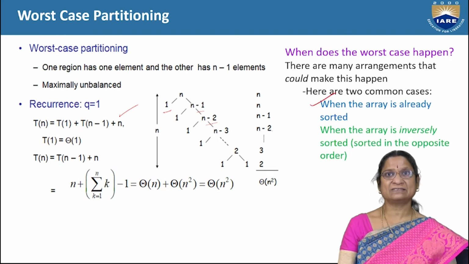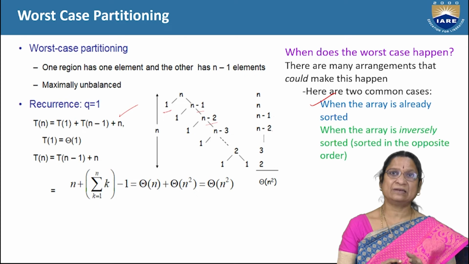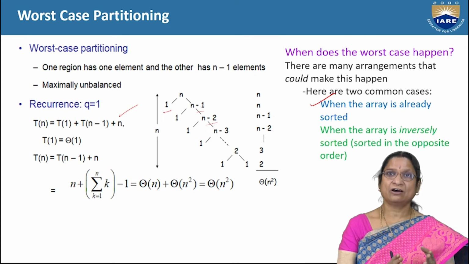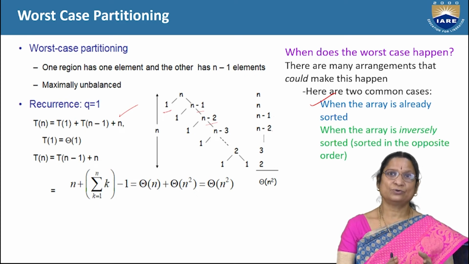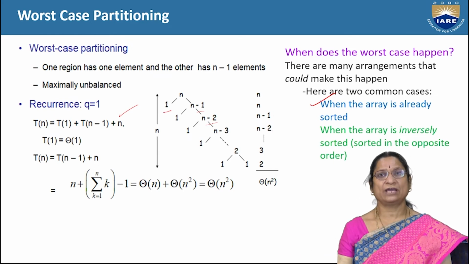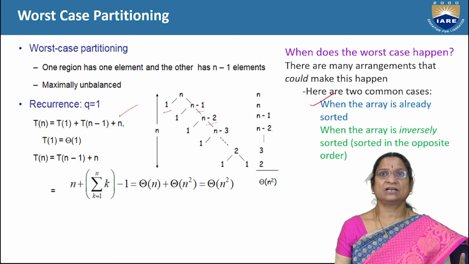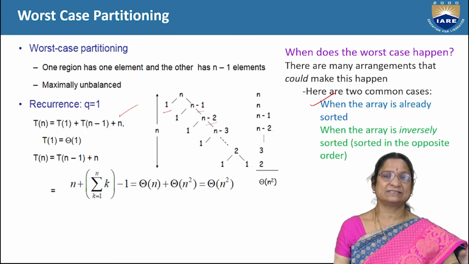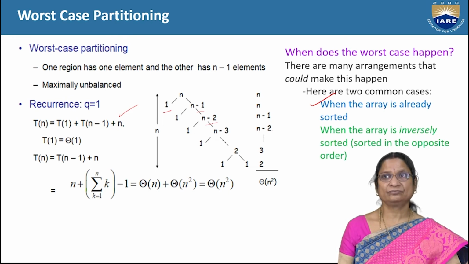Already sorted order means when I take the first element, it is already in its position, no? So the partitioning algorithm takes two sublists: the first sublist of 1, the second sublist of n minus 1.